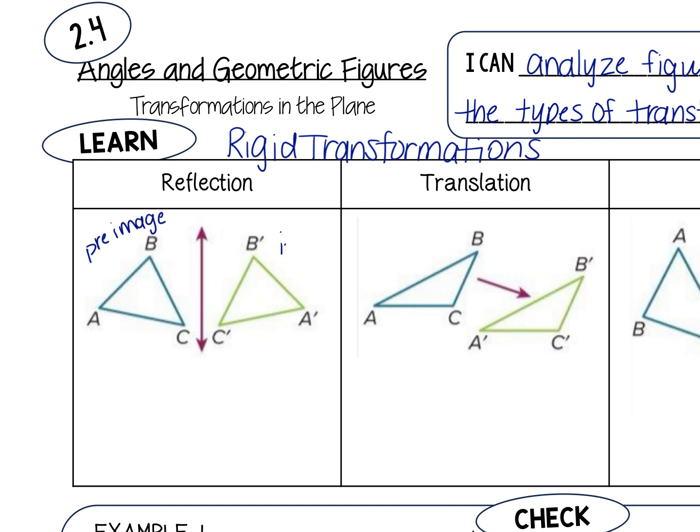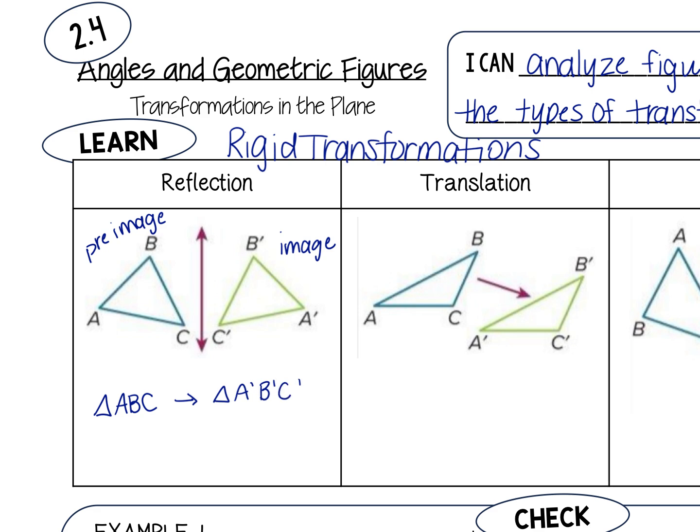The way we can tell is our pre-image has the letters by themselves, and the image has the letters with an apostrophe, and the way we read those is prime. So this would be A prime, B prime, C prime. Okay, and then some notation you need to see is that triangle ABC is transformed to triangle A prime, B prime, C prime.